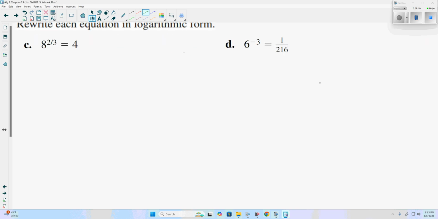Eight to the 2/3 is equal to 4. Log base 8 of 4 equals 2/3. Log base 6 of 1/216 equals negative 3.